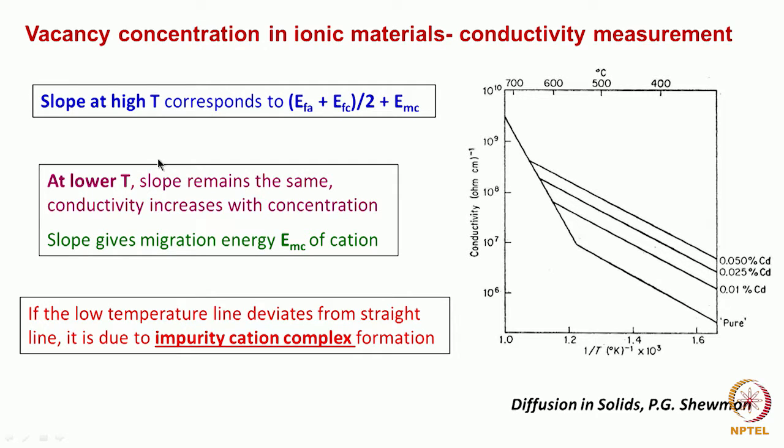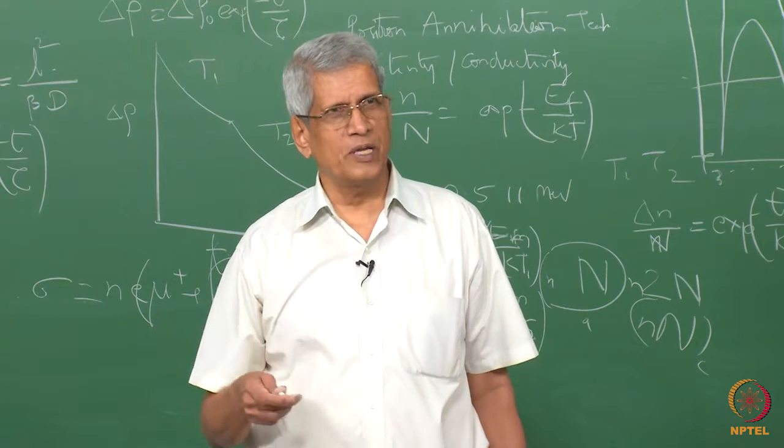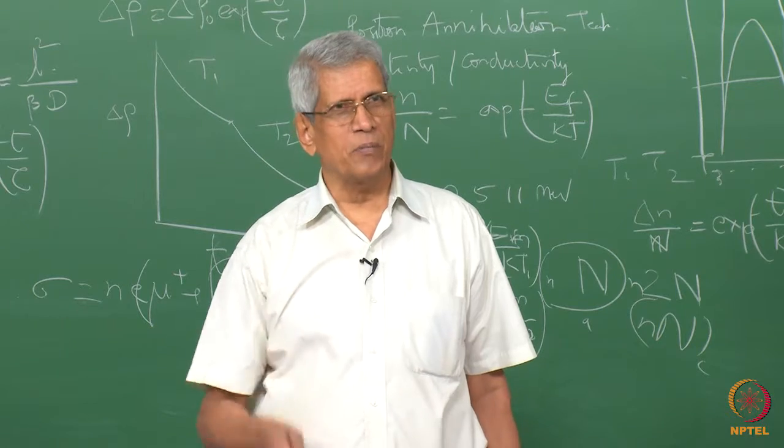Okay. If that happens, those complexes will change the behavior of the plot and it will be curved. That is what happens in reality in many situations, especially at very low temperatures. At high temperatures, the defect can still be mobile. Okay. This effect will not be seen, but at low temperatures, this is very prominent.